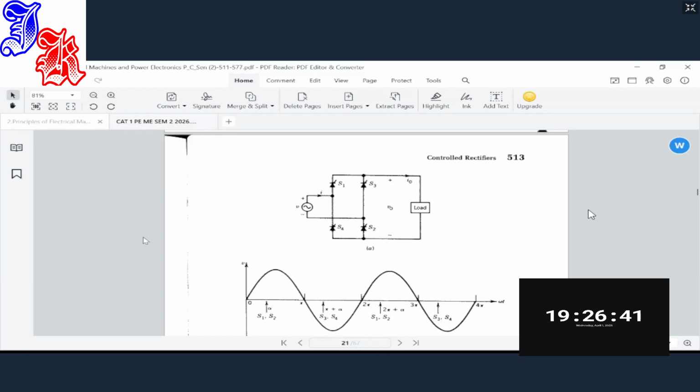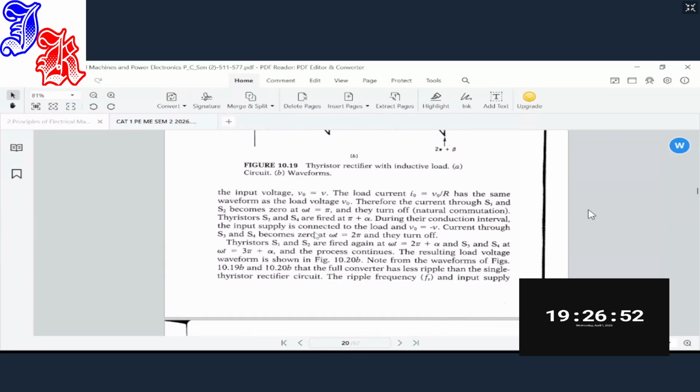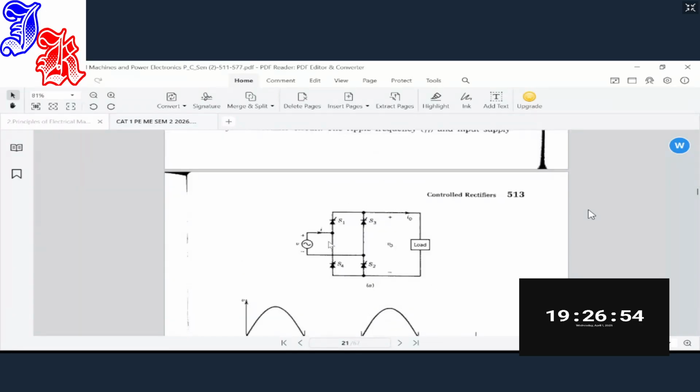So for this, we'll be able to convert both the positive and the negative cycle.